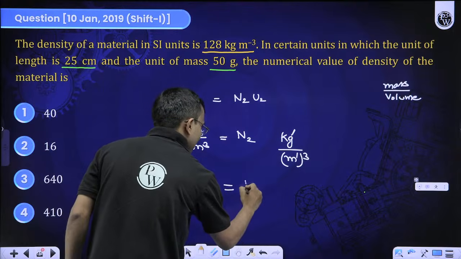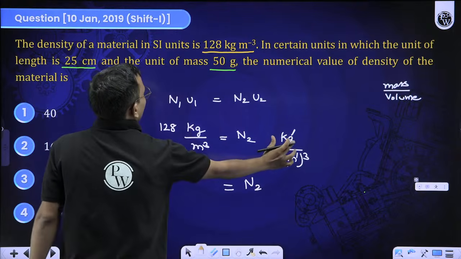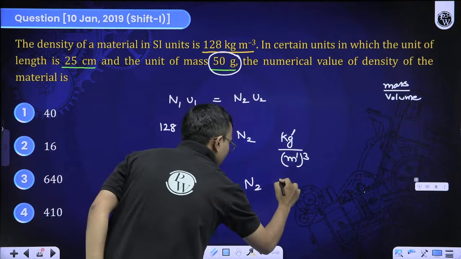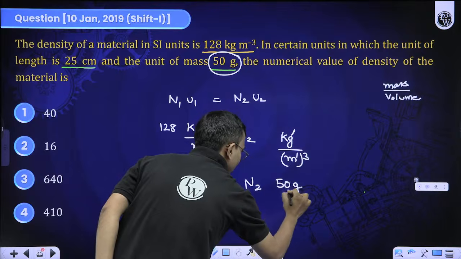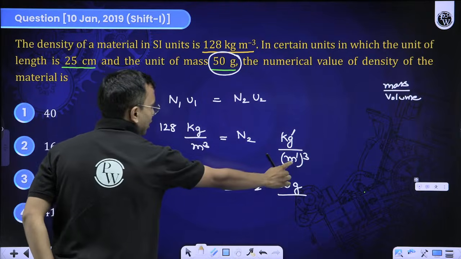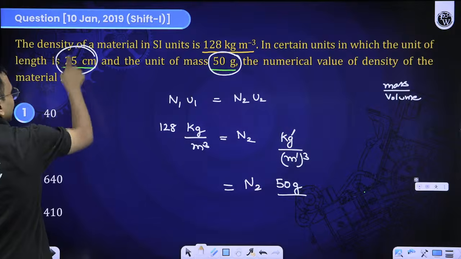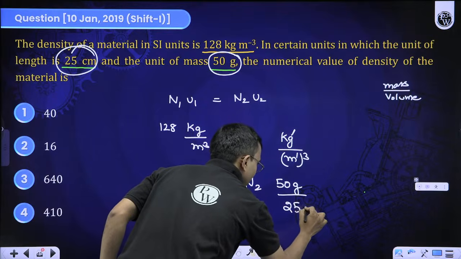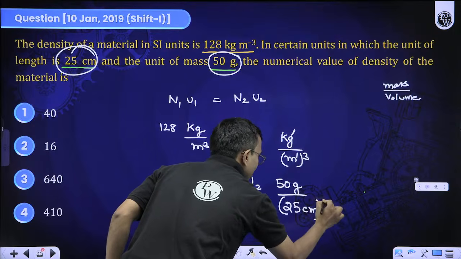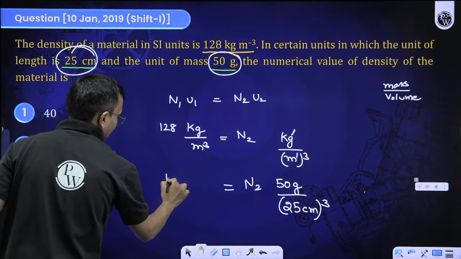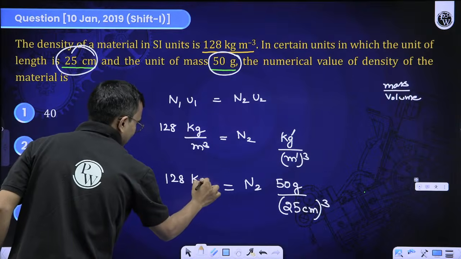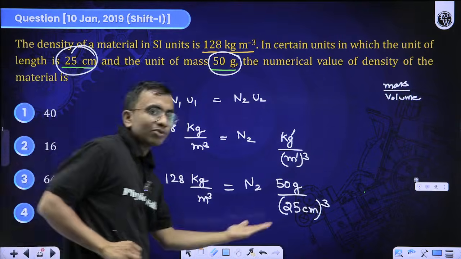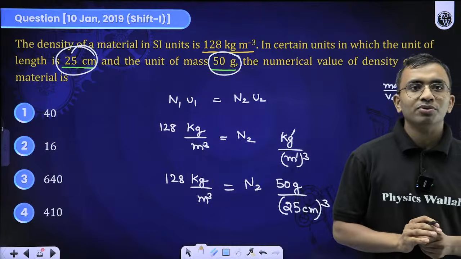Now see, what is kg dash? Here the unit of mass is 50 gram. Meter dash: here my length unit is 25 centimeter. And 128 kg per meter cube. Now from here you have to solve to find what is the value of N2.